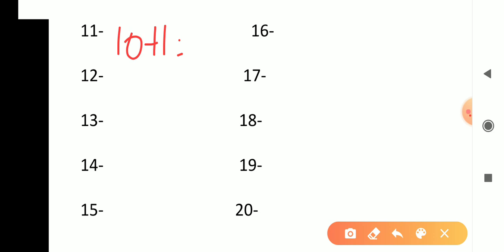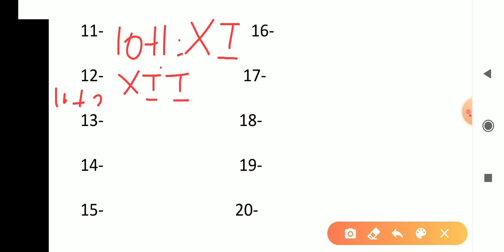That is X plus I, with I to the right side of the X. 12 is 10 plus 2, that is XII. And 13 stands for 10 plus 3 I's, XIII. Then 14, how will we write 14? 10 is X. Then how will we write 4? We write 4 as IV.